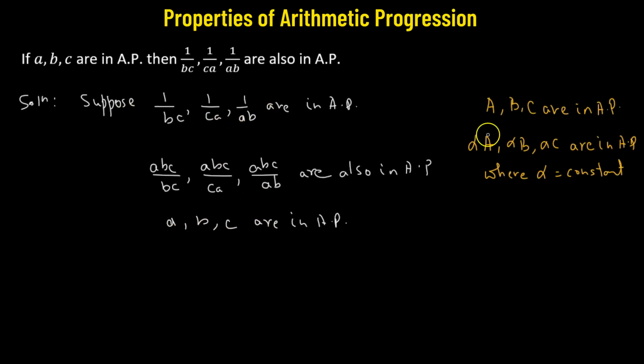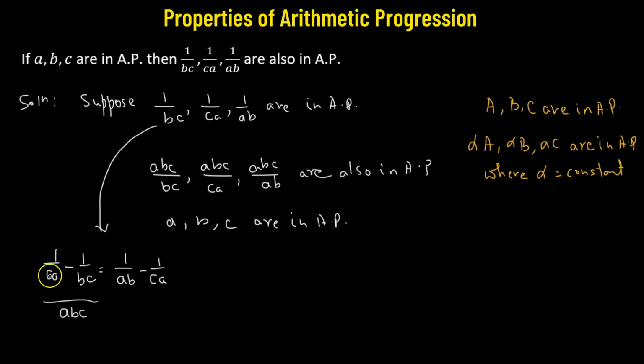If you happen to forget this particular property, you can also go the usual way. That means if these three are in AP, then the common difference, that means 1 over ca minus 1 over bc, must be equal to 1 over ab minus 1 over ca. We can combine the two terms, so the common denominator is going to be abc, and in the numerator we are going to have b minus a.